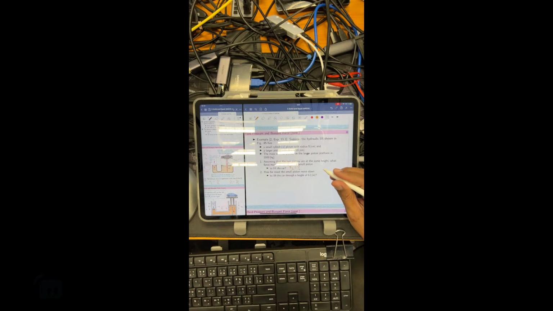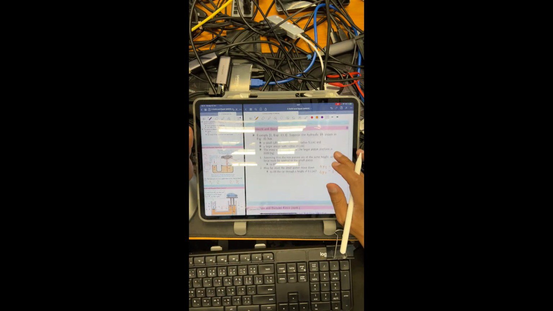So what is delta y1, given that delta y2 is 0.1 meter? That's the question.